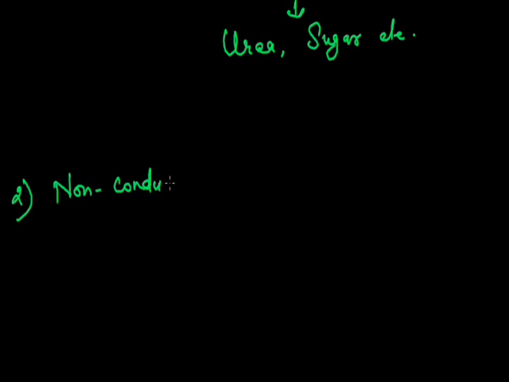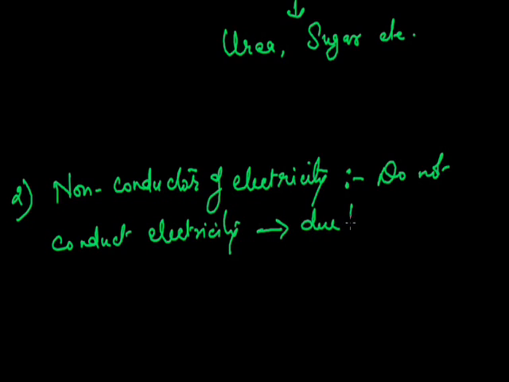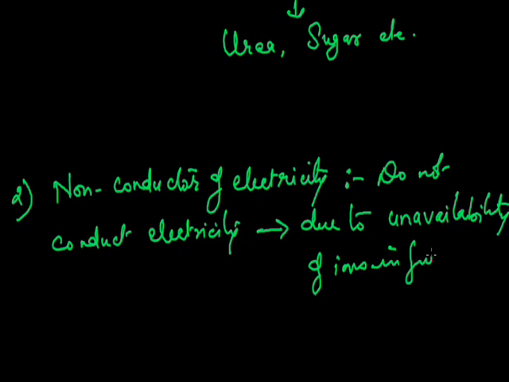non-conductor of electricity. The covalent compounds do not conduct electricity, and this is due to the absence of, or the unavailability of, the ions in fused as well as dissolved state.